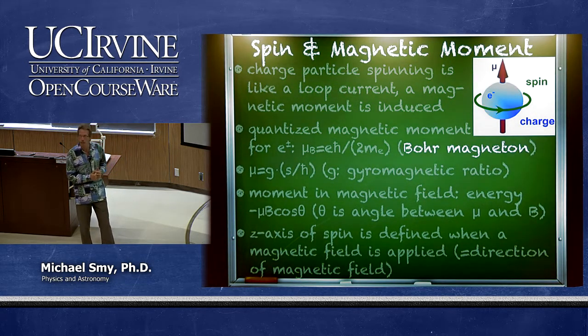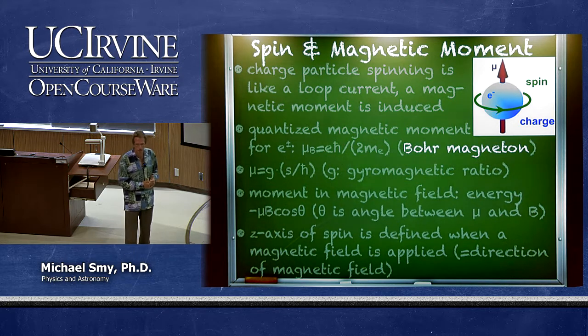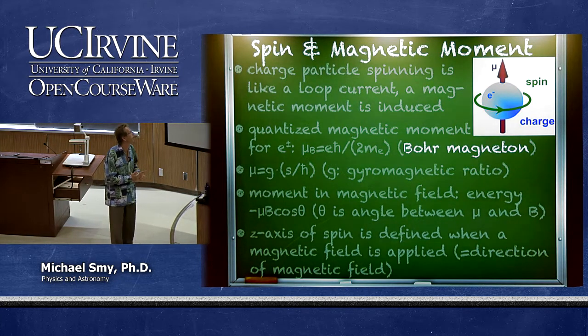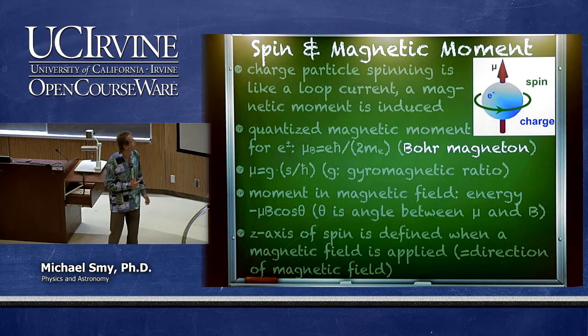And in the case of the electron, one defines the Bohr magneton, or the quantum of the magnetic moment, in a similar way as the Bohr radius was used to quantize the radius. And it's given as e h bar over twice the electron mass.